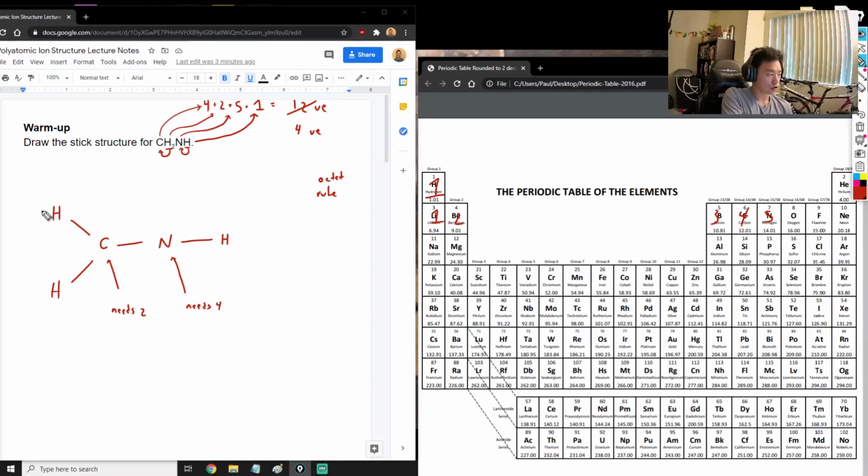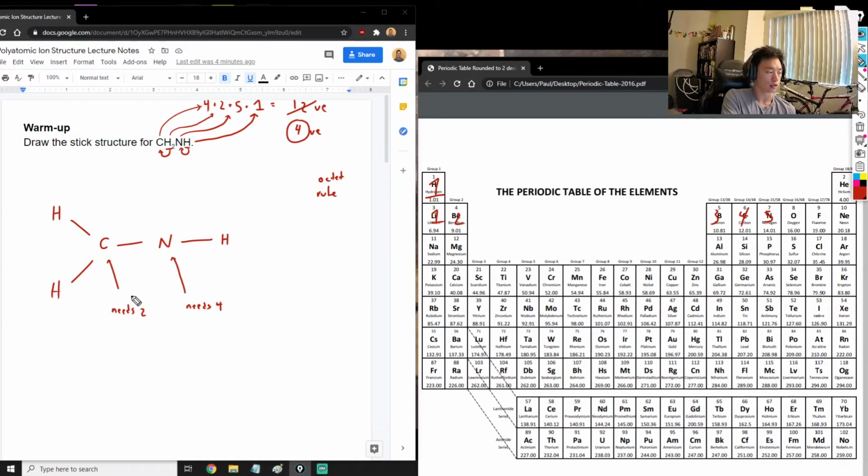Okay, and the hydrogens are all good because all the hydrogens have 1 line connected to them, and each line is 2, and since there's a line, all the hydrogens are good to go.